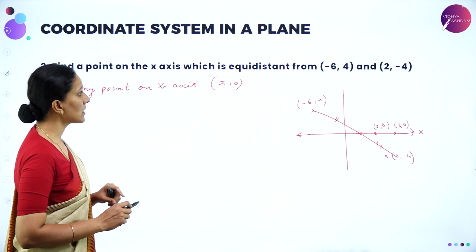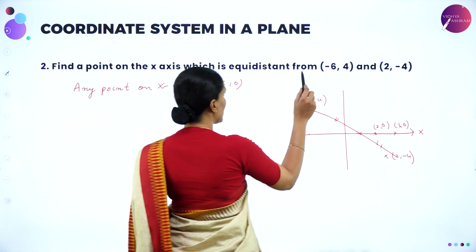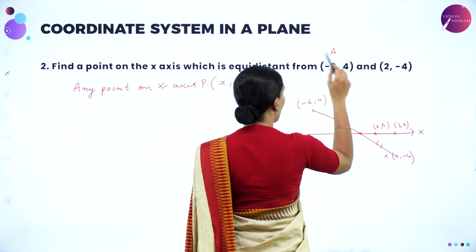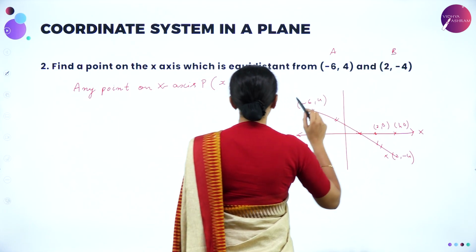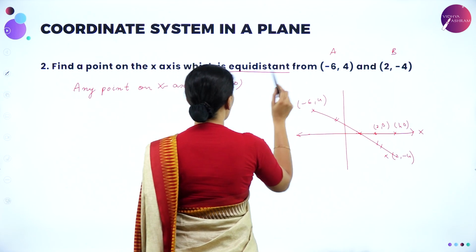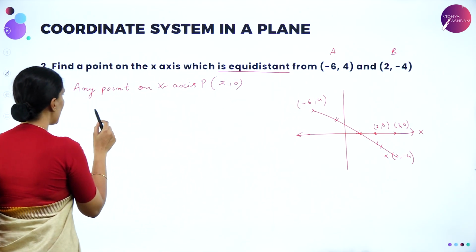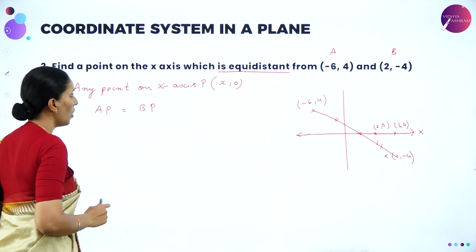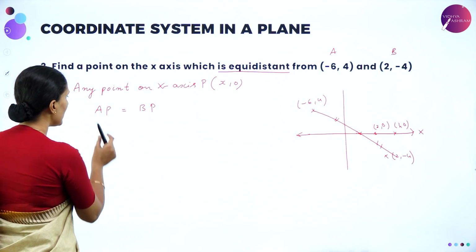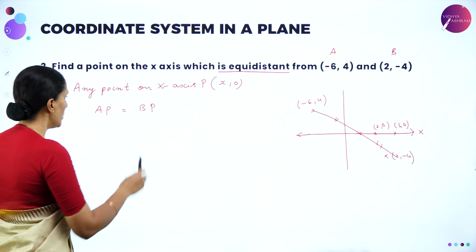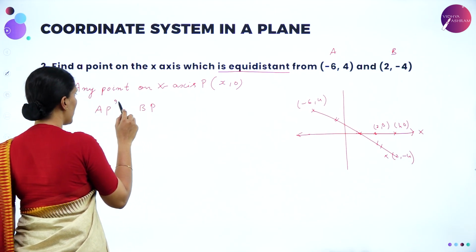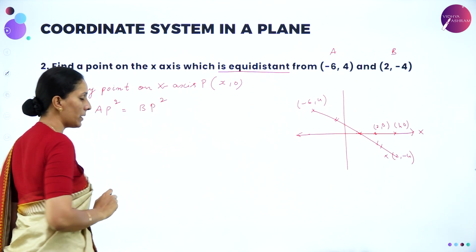Now they have given that it is equidistant. So let me consider this point as P, this point as A and this point as B. They have given it is equidistant, which means I can say AP is equal to BP. Now let us calculate the distances. Squaring both sides, AP square is equal to BP square.